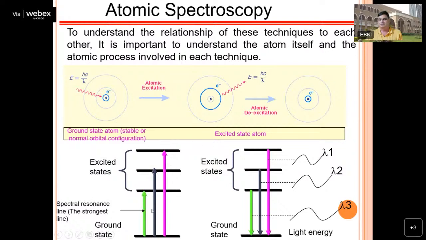When we measure the energy absorbed, it is called absorption spectroscopy, and whenever we measure the energy emitted, it is termed emission spectroscopy. In the next few slides, we will see the distinction between atomic absorption and atomic emission.